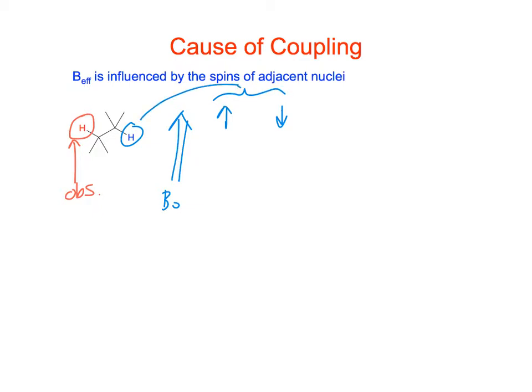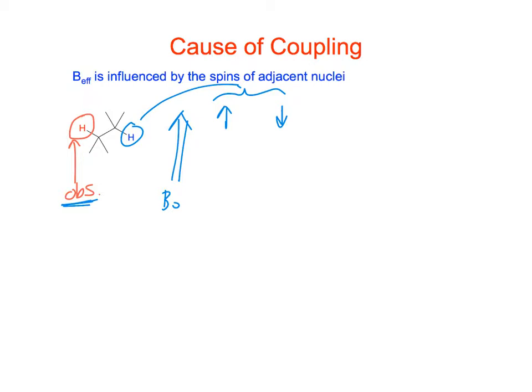When that proton is aligned with the magnetic field, it's going to add slightly to B0, and when it's opposed, it's going to slightly subtract from the B0 that influences the proton next door.